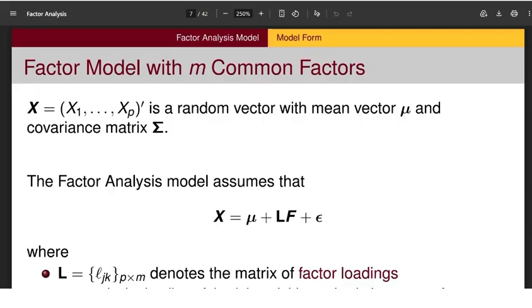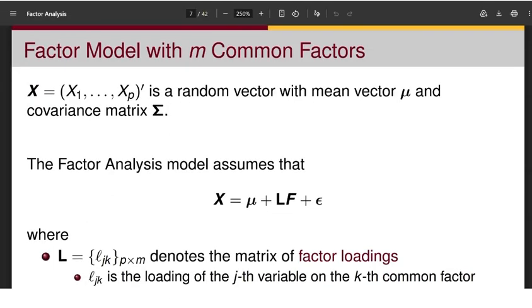Let the original variables be X1 up to Xp. If I want to go into education, X1 may be the exam score, or maybe X1 may be the performance in maths, X2 may be performance in science, X3 may be performance in physics, and X4 may be performance in maybe English, and so on like that.